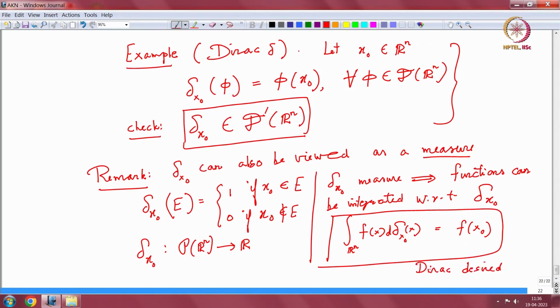But if you go back to your motivation, we also want to differentiate delta x naught. He wanted to get not only the value of f at x naught, but also the value of the derivative of f at x naught. For that you need to differentiate delta of x naught, and that will not remain in the purview of measure theory.